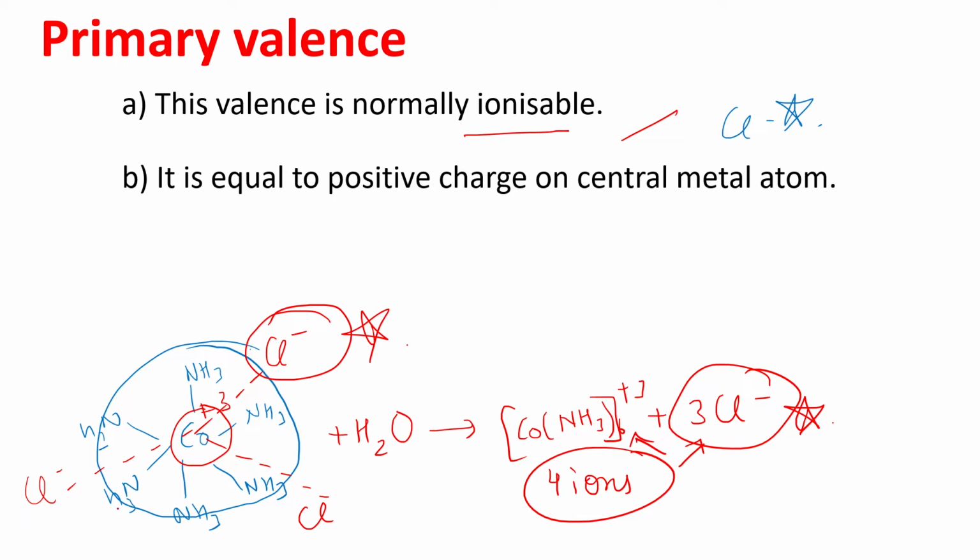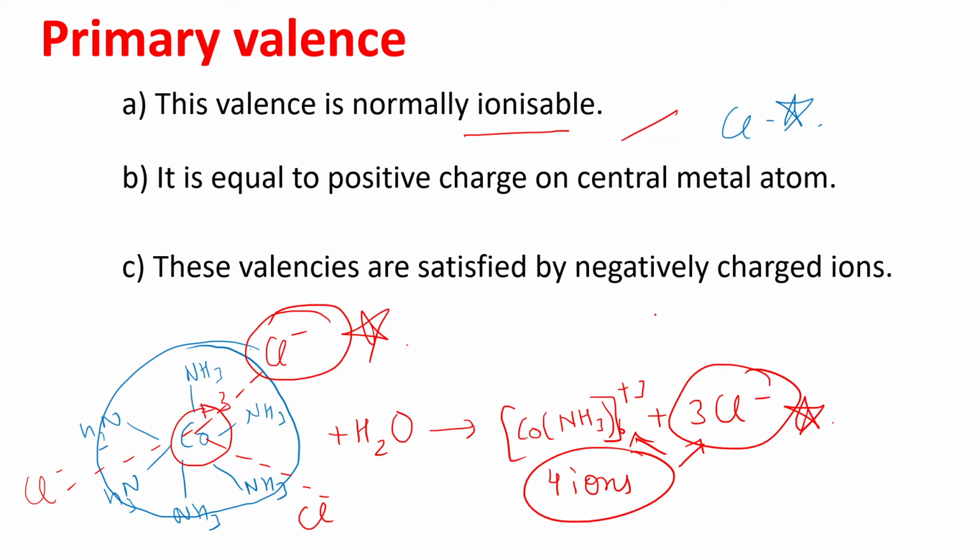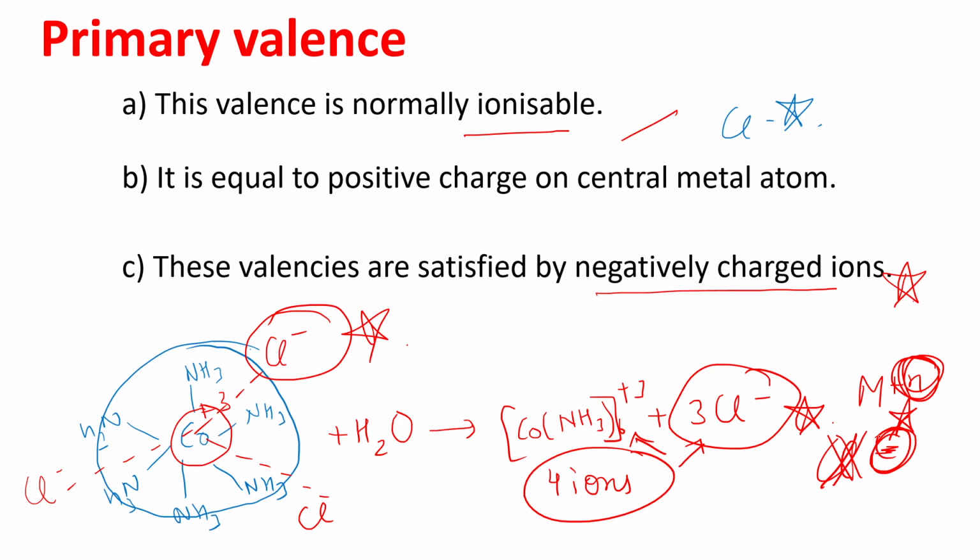These three chloride ions are balancing the charge over here. Since metal has a positive charge, in order to balance this positive charge, you need to provide some negative charge. So negative charge will be provided by these primary valencies that will act as counter anions.